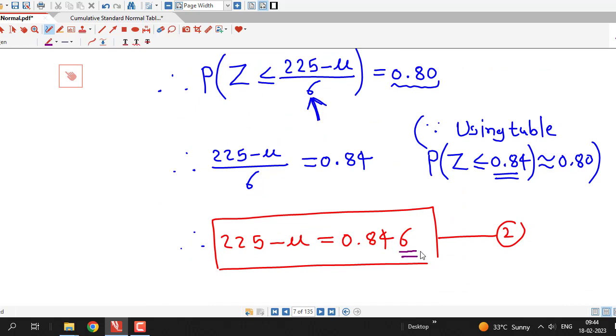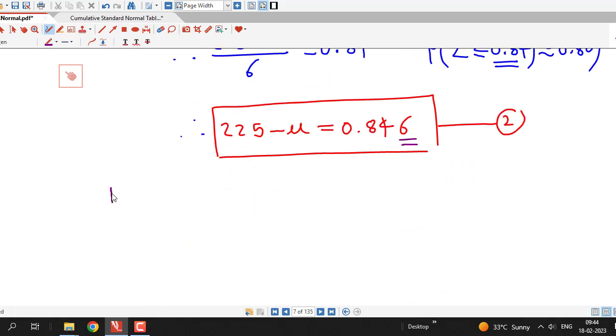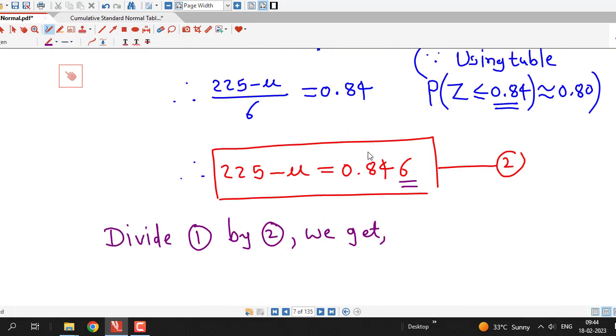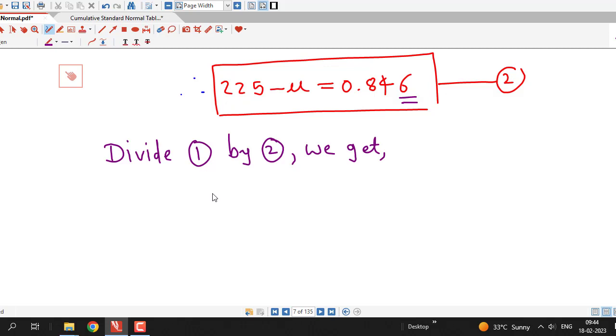So we can consider division of equation 1 and 2, or we divide equation 1 by equation 2. So first we have to write down division of left hand sides. Here left hand side is 150 minus mu, here 225 minus mu.